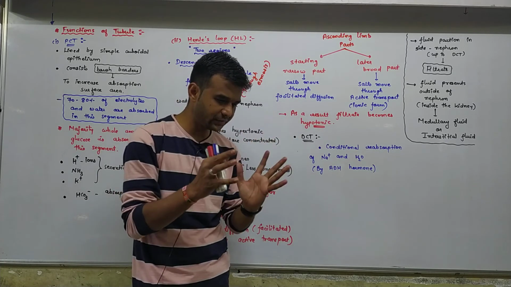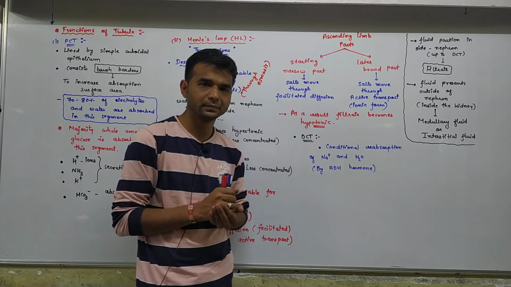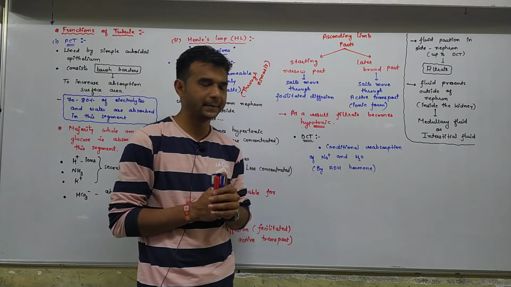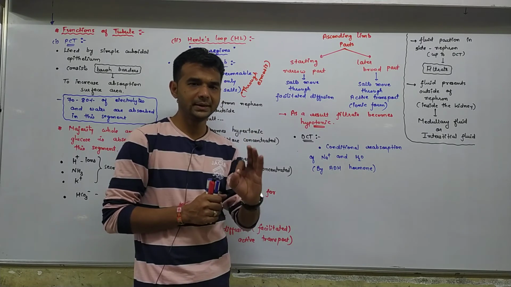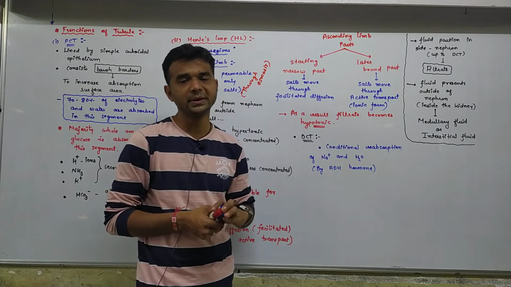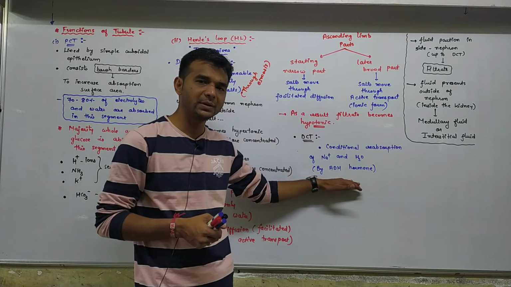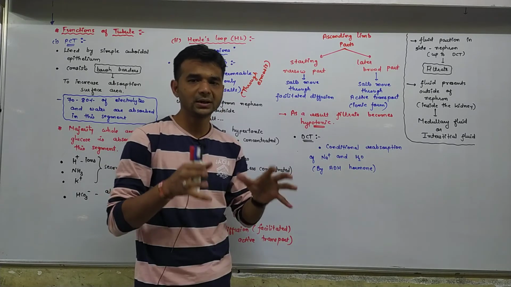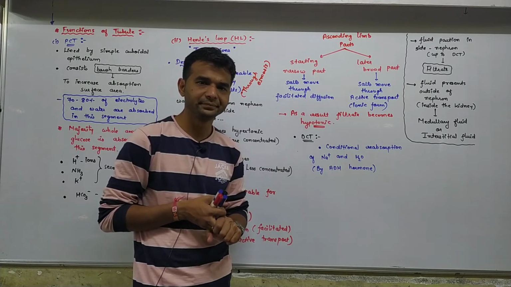If the amount of Na plus and water is more, under the ADH hormone, antidiuretic hormone, also known as vasopressin hormone, which is secreted from the posterior pituitary gland, it controls the water and sodium amount in the urine.